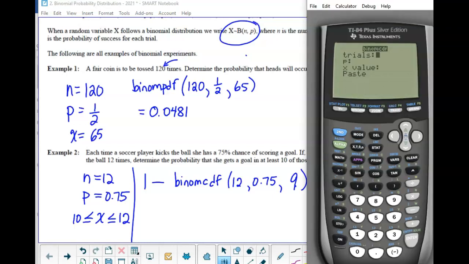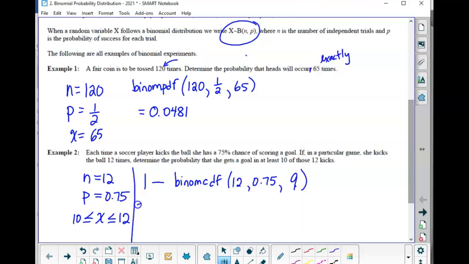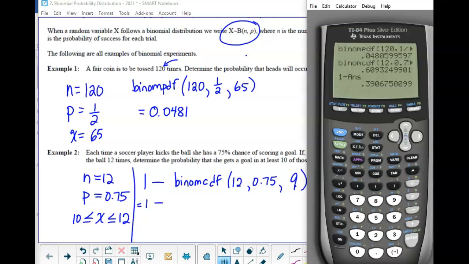Okay, so that's how you get around that in the fastest way. So here, I'm going number of trials 12, probability 0.75, x value is 9. Okay, so that's the probability from 0 to 9. So we go 1 minus that. And 0.609, 32.